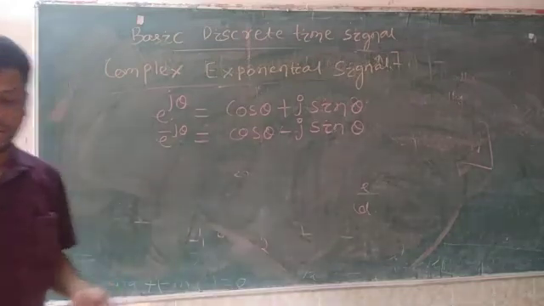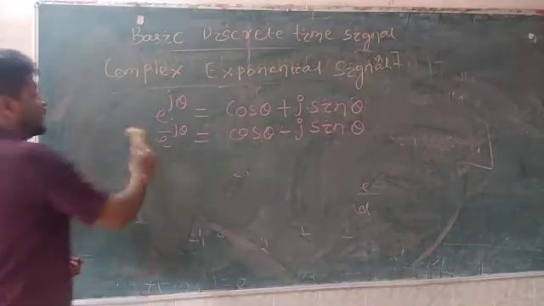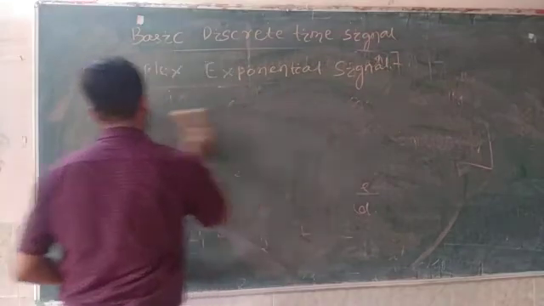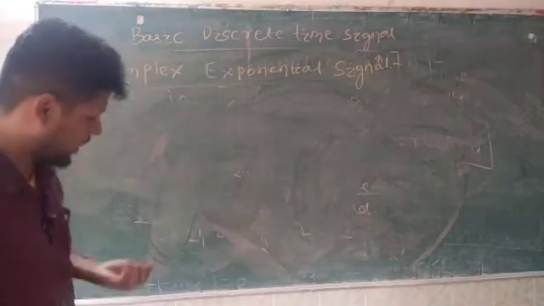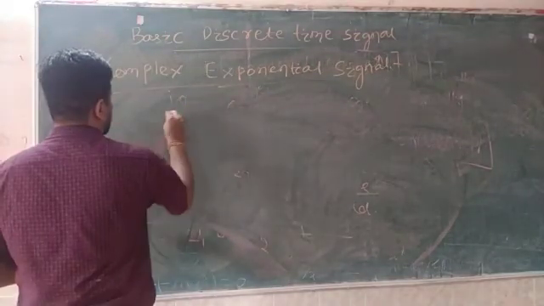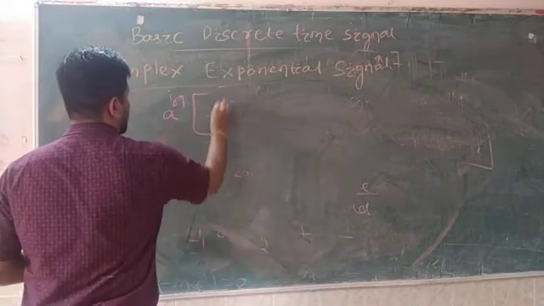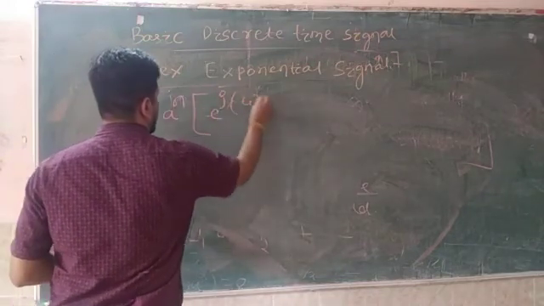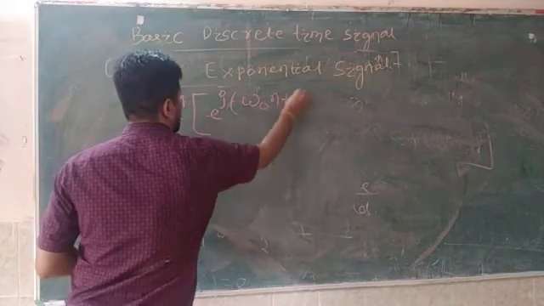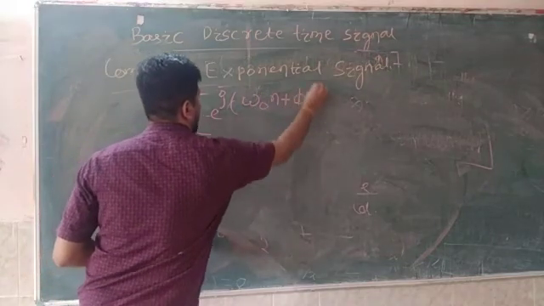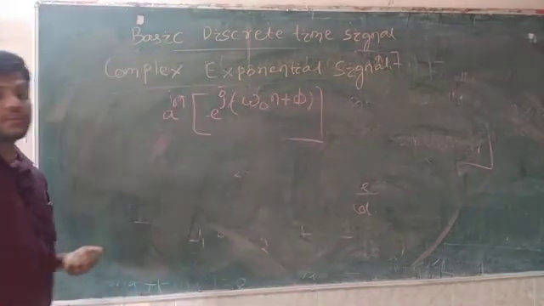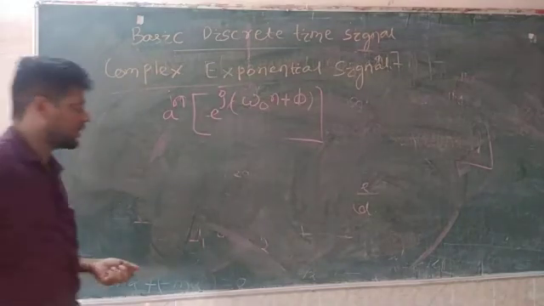So how to represent a complex exponential signal in digital form, that we will study here. I will write a to the power n e to the power j of omega 0 n plus phi. That is the representation of your complex exponential signal.